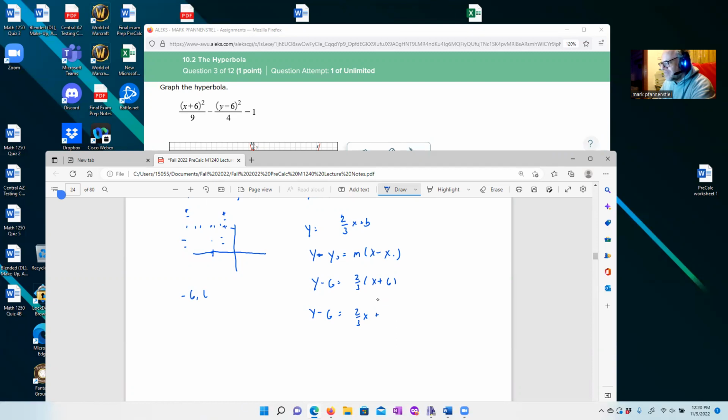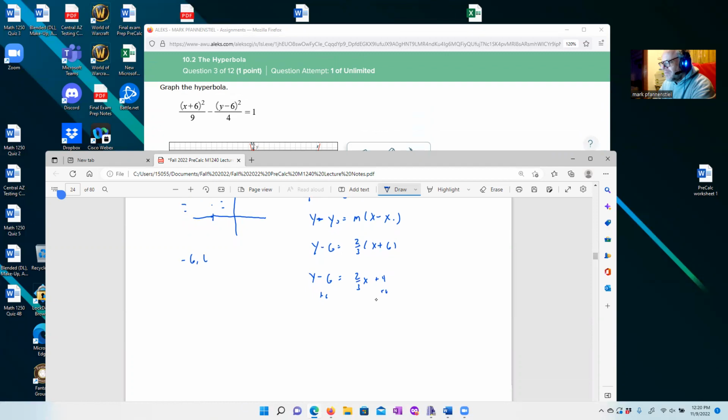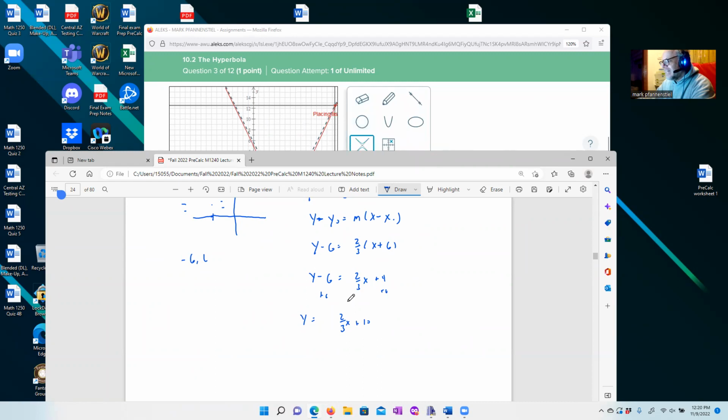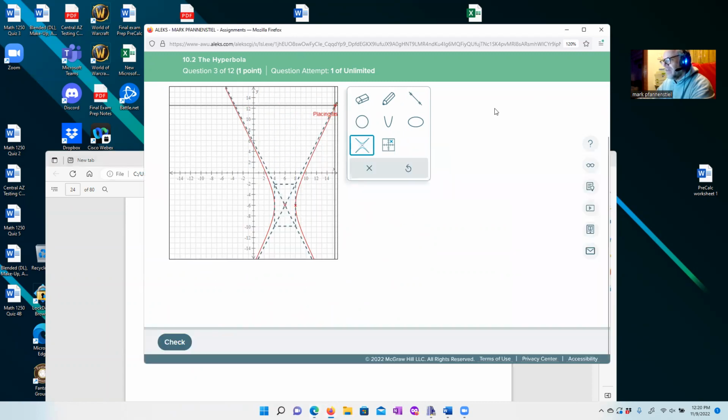That's going to be a plus 4. We're going to add 6 to both sides, so we have y equals 2/3 x plus 10. That's how we do that. But if I just needed the equation, then we plug in, and because we have a negative sign, I don't have to distribute the negative sign to make it work out correctly.